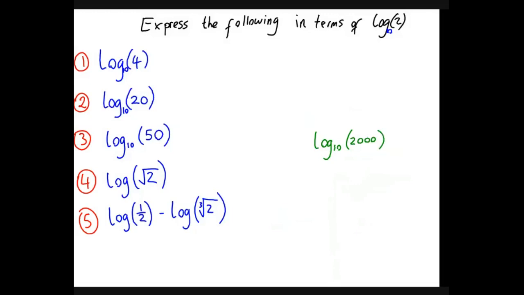We can say this is the same thing as log to the base 10 of 2 plus log to the base 10 of 1000, using that multiplication rule. Then we have log to the base 10 of 2 plus log to the base 10 of 1000, which is 3, because 10 to the power 3 gives you 1000. So that is an example of something that's been expressed in terms of log 2 only. Oh, okay, thank you. That makes sense. Cool.